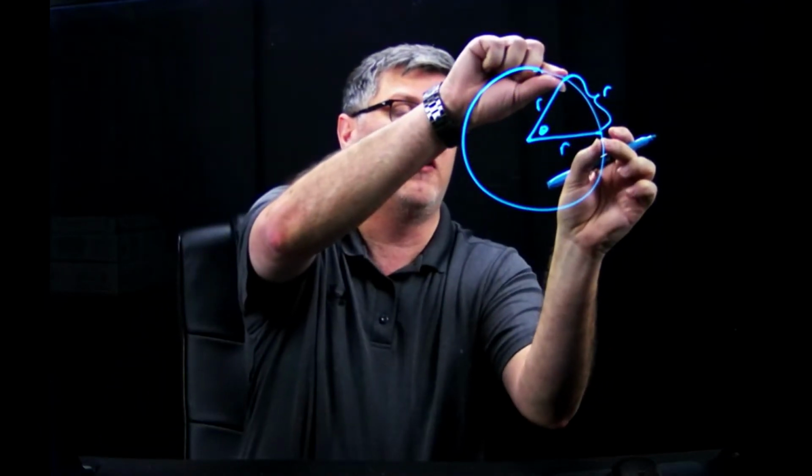Let's say this arc length right here, which is going to be subtended by this central angle, let's call this theta, that this length right here, if that is also r, that is actually a radian. A radian is exactly one radius picked up and bent around the arc length. So what you really need to understand is that one radius equals one radian.